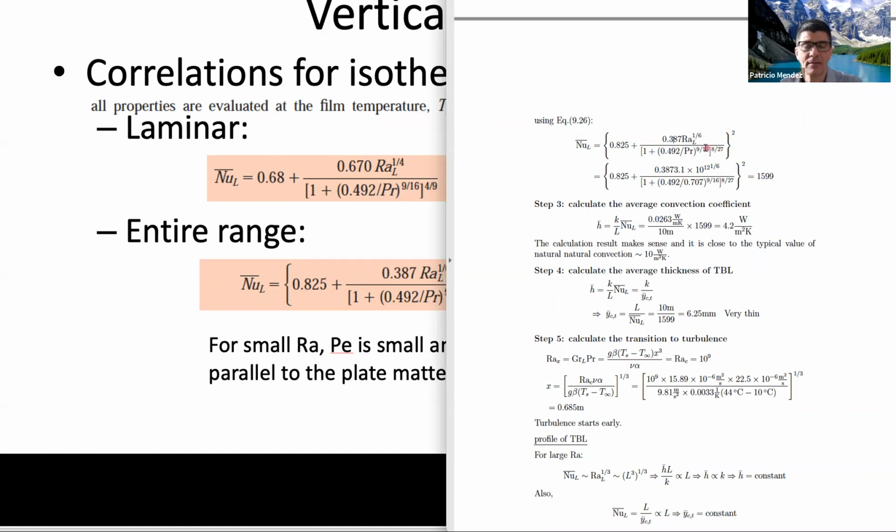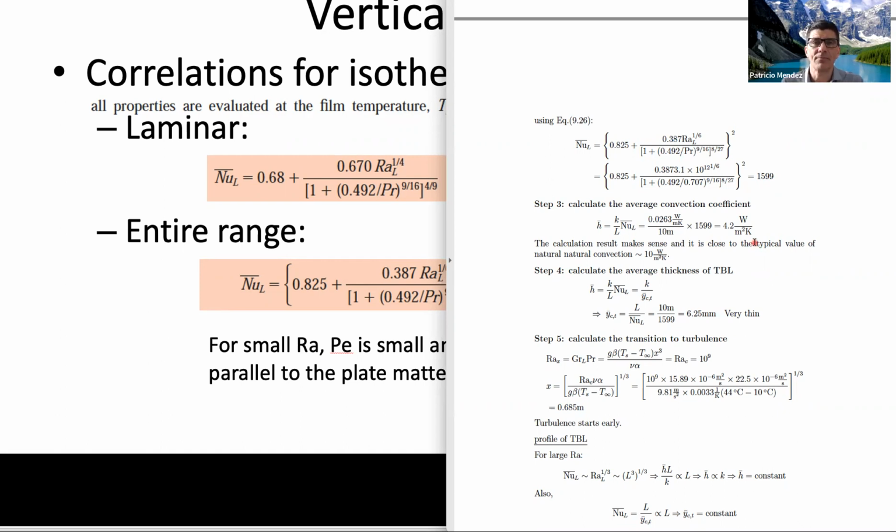And if you think it's a pain to plug and chug into this equation, just think how lucky you are that you're not the person who had to write this equation by measuring an infinite number of flat walls, right? Until they could get a more or less reasonable correlation. So we get more or less 1600, and then we unpack it to get h, the convection coefficient h, and we get 4.2 watts per meter square Kelvin.